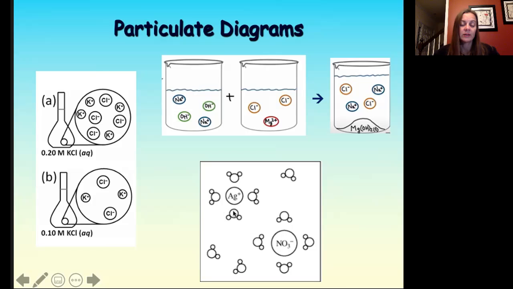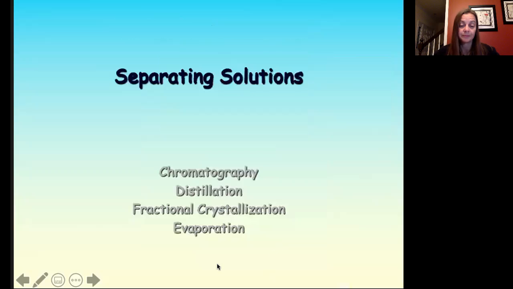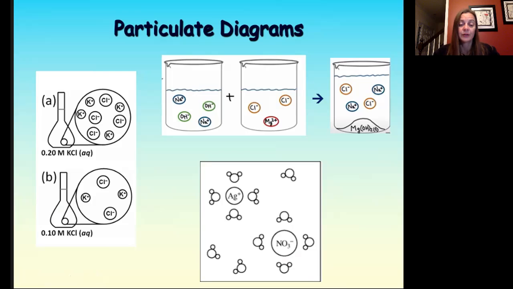And we're always going to see them with the negative side of the polar water molecule, that's the oxygen side, facing the positive ions, because now we have that ion dipole interaction. And we're going to see the positive hydrogen end of the water molecule being attracted to the negative ions. So make sure that that orientation is correct.